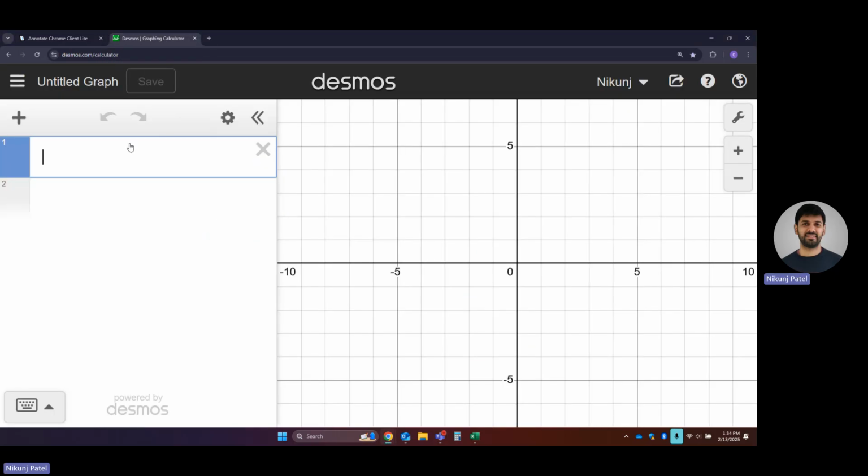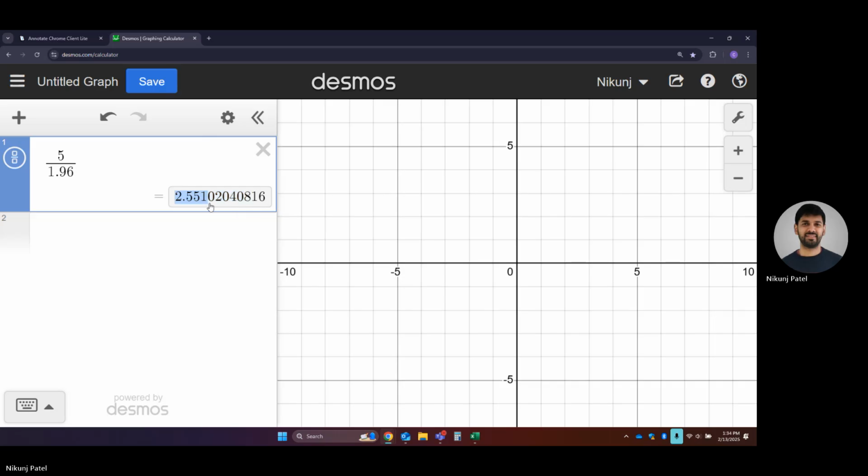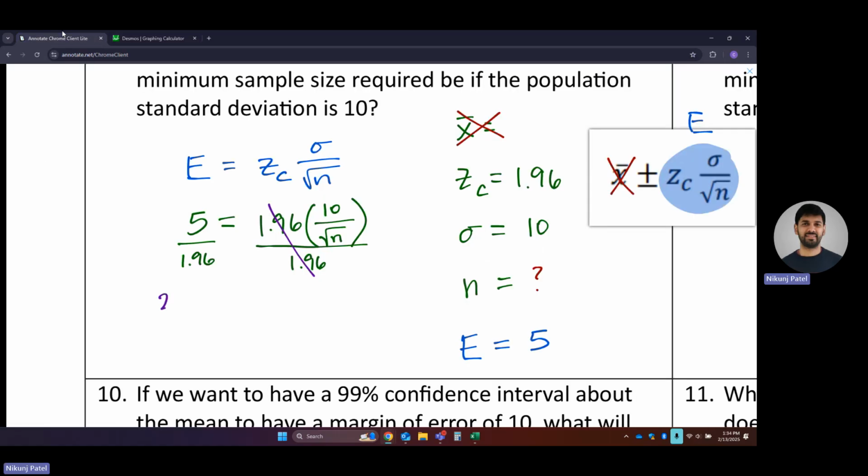Then over here, 5 divided by 1.96 is 2.55. And I'm going to go to about the 5th decimal place, 2.55102. And that is equal to 10 divided by the square root of n.